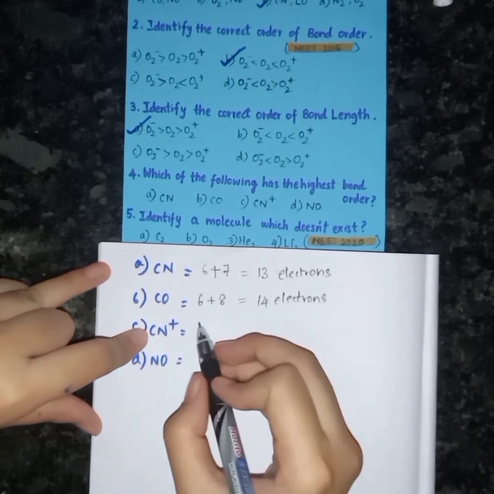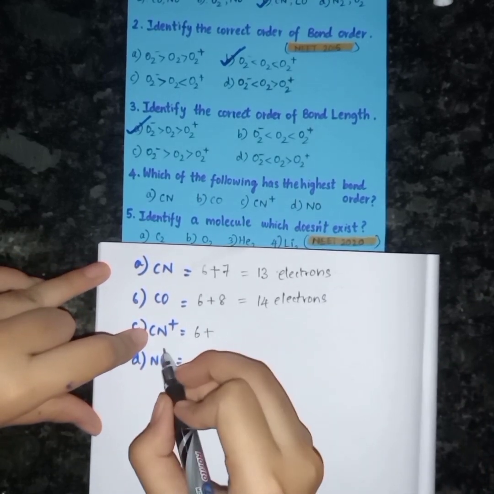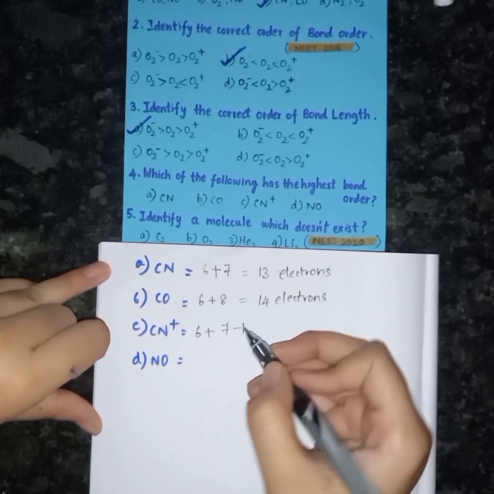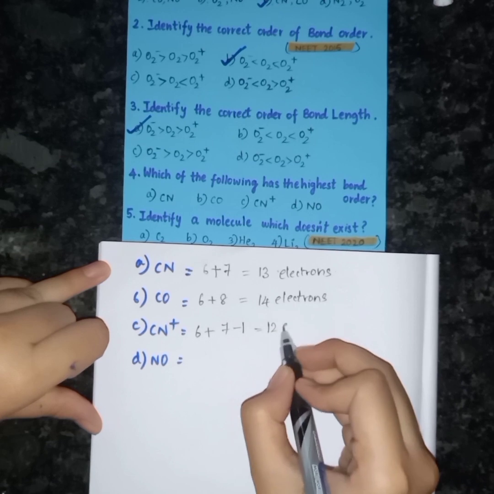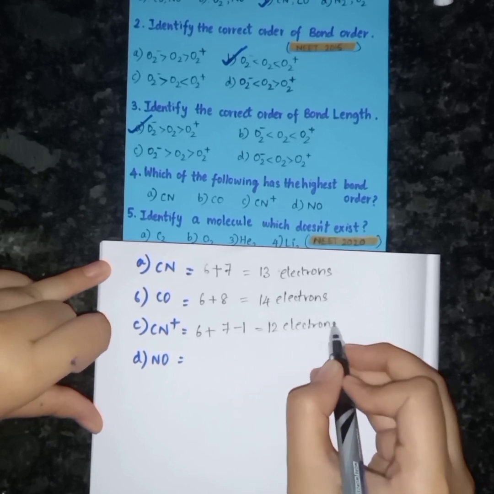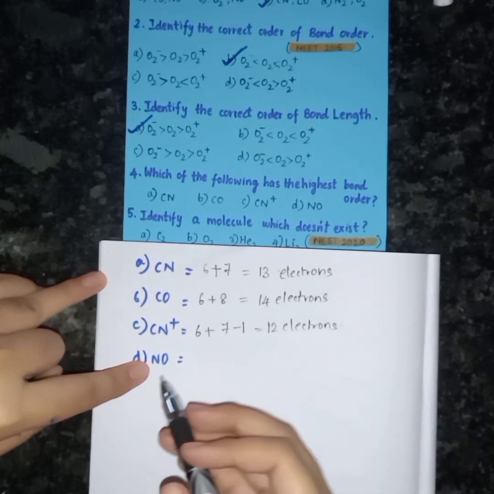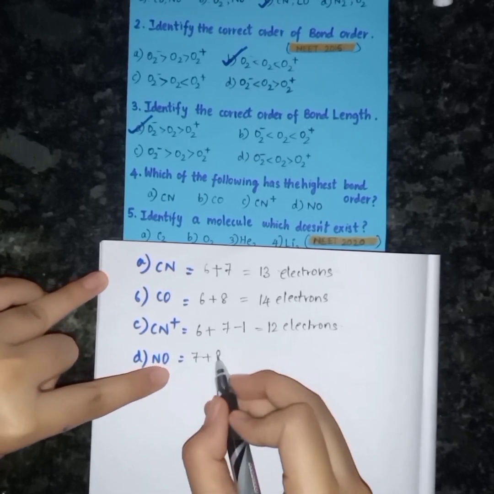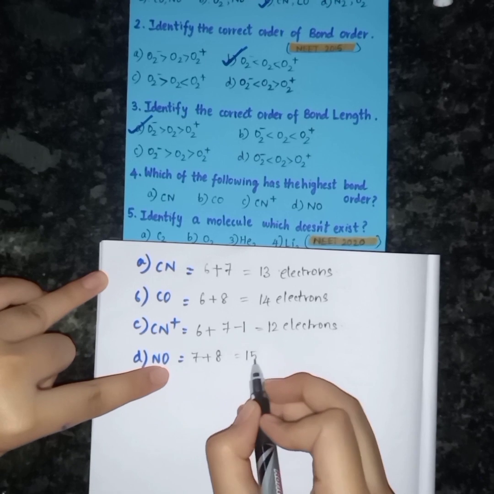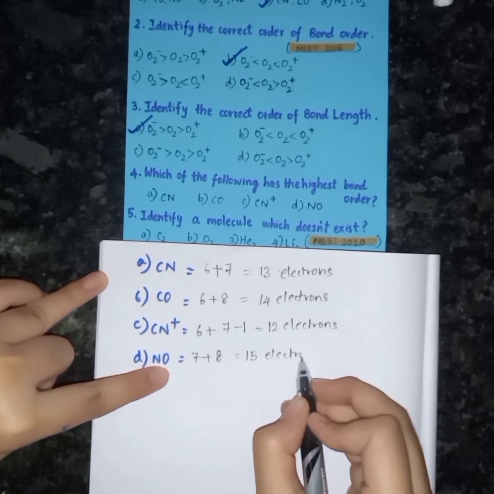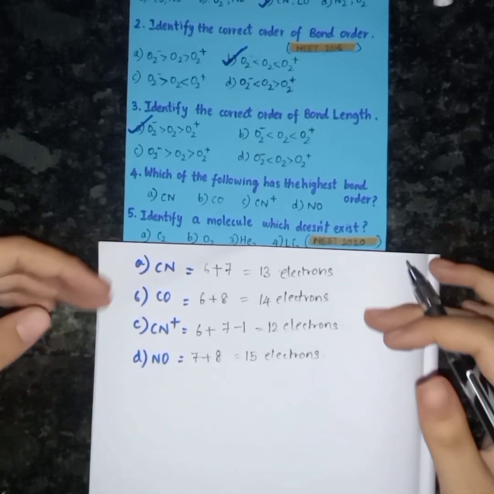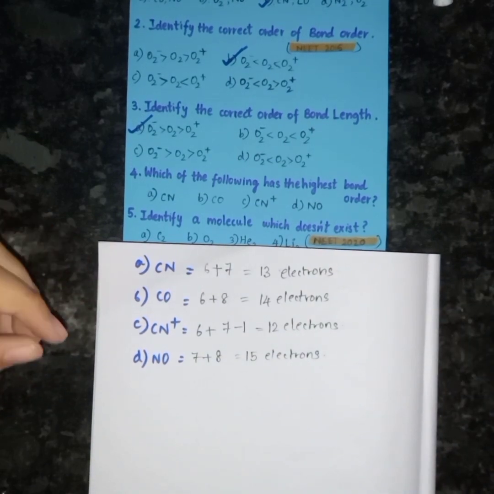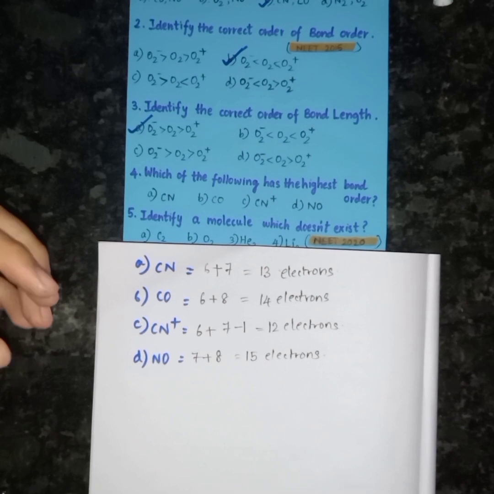CN plus, carbon will have 6 electrons, nitrogen will have 7 electrons, here plus charge, so you have to subtract, so 12 electrons. Nitric oxide, nitrogen will have 7 electrons, oxygen will have 8 electrons, therefore totally 15 electrons. After finding the number of electrons, use trick number 2 to find the answer in seconds.